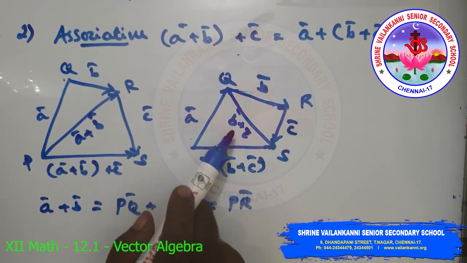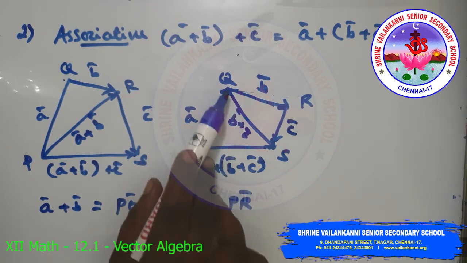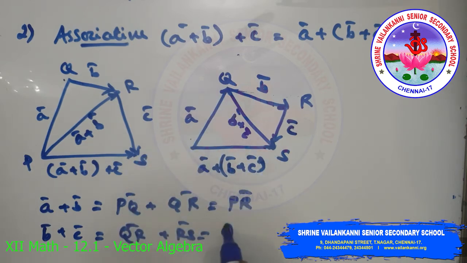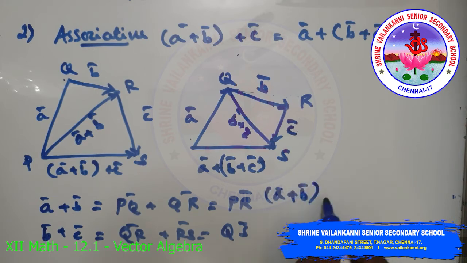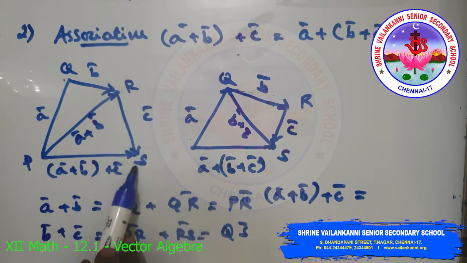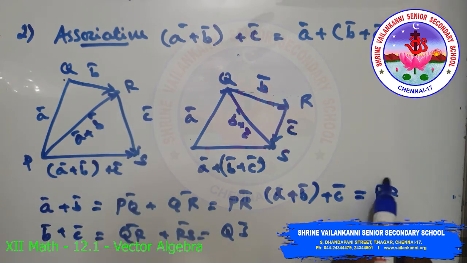And B plus C is equal to QR plus RS, which is equal to QS. So (A plus B) plus C is equal to PR plus RS, which is equal to PS.